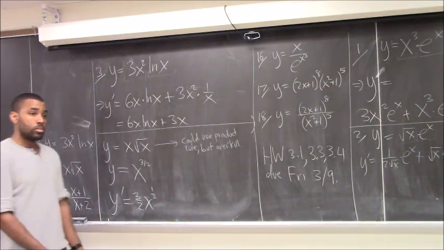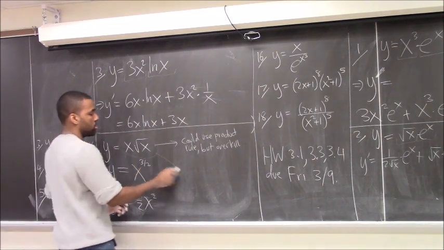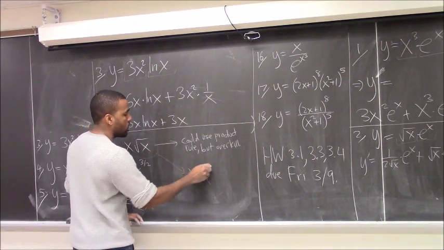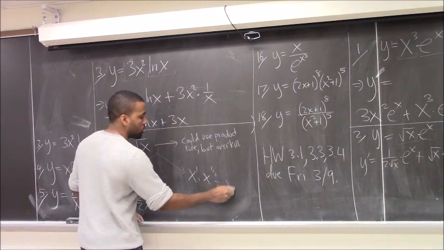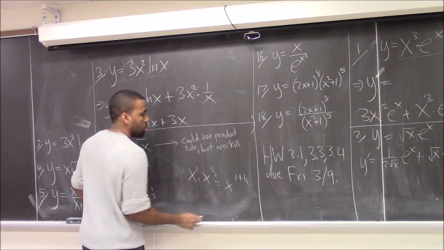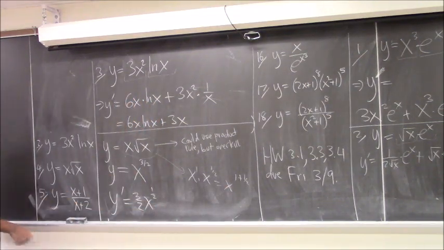Can you explain that one more time? Like why it's x to the 3 halves? Oh, I use the laws of exponents. This is x times x to the 1/2, so this is x to the 1 times x to the 1/2, you add the powers. And so that's 3 halves. So this is really just that, and I can just use the power rule. I didn't need the product rule.